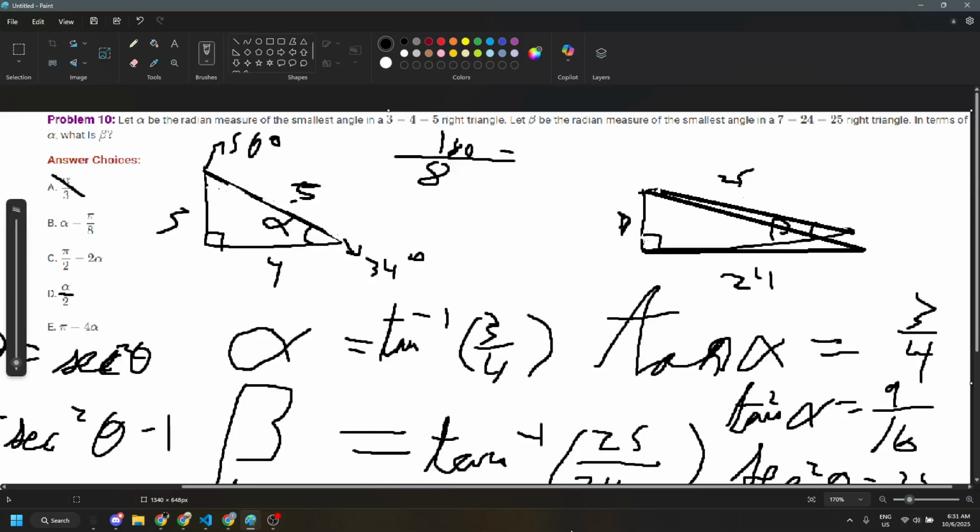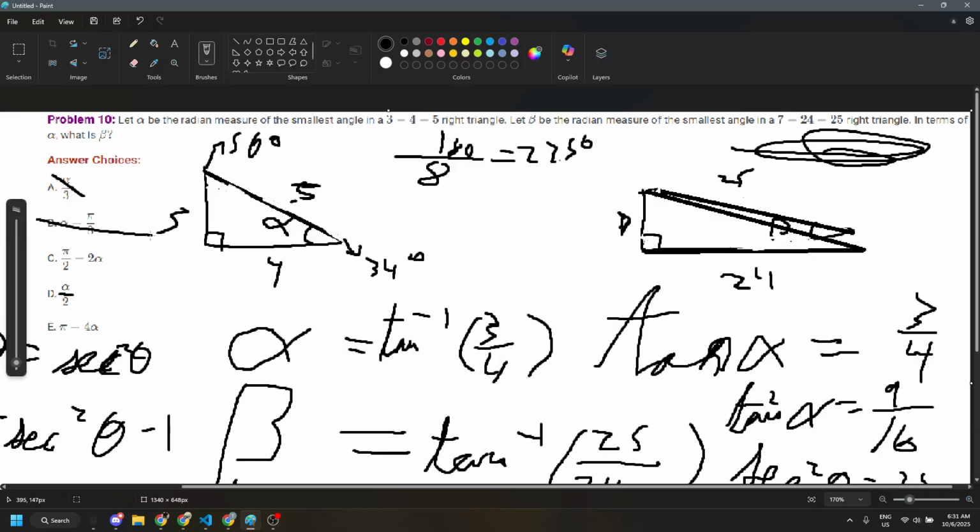So this gives me 45 over 2, which would be 22.5 degrees.